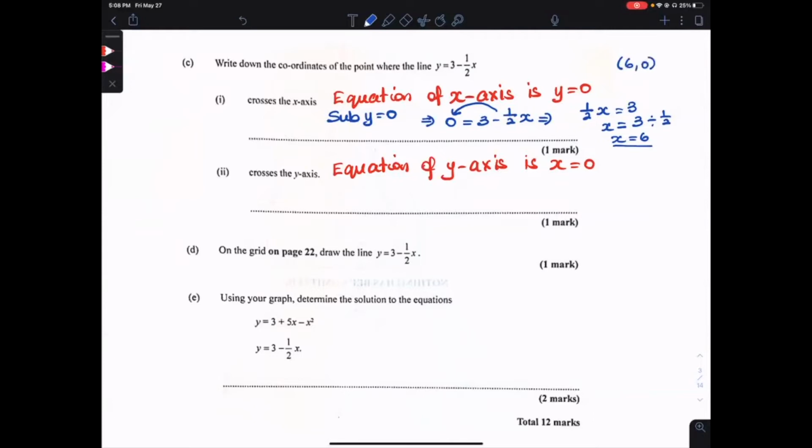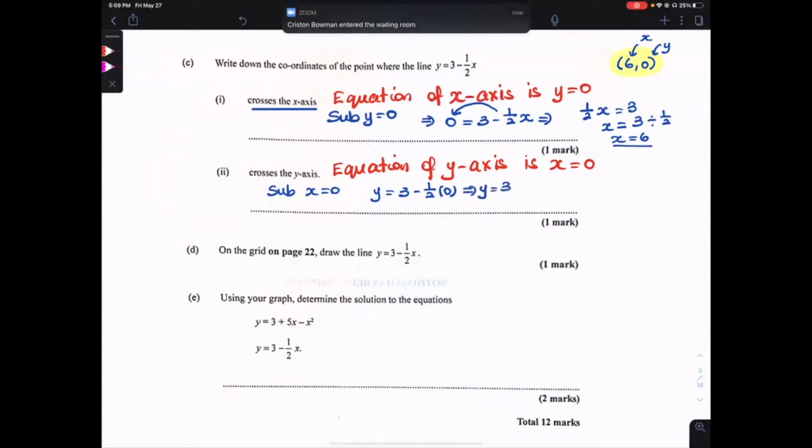So do you see when it crosses the x-axis, we have an x value and y is 0? Do you notice that? The next one now, we're going to substitute x to be 0. So y is equal to 3 minus a half times 0. We know whenever we multiply any number by 0, we will get 0. So y is equal to 3.